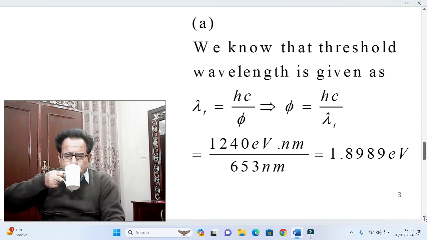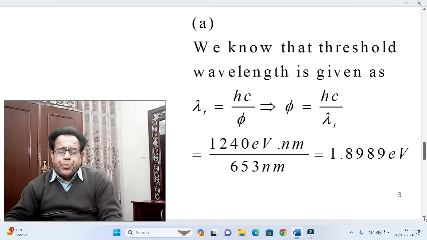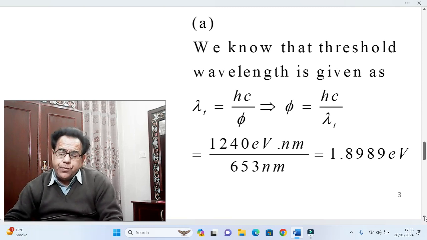Part A: we know that the threshold wavelength is given as lambda t equal to hc over phi.